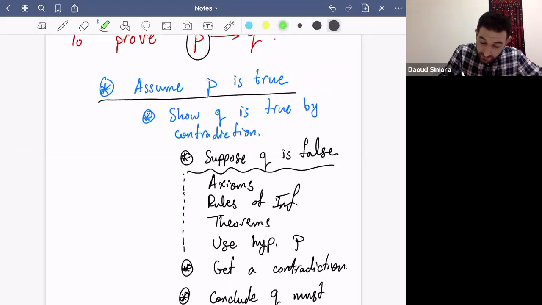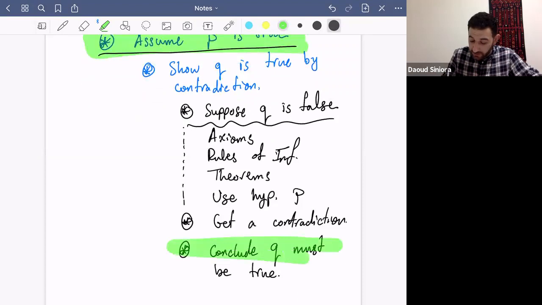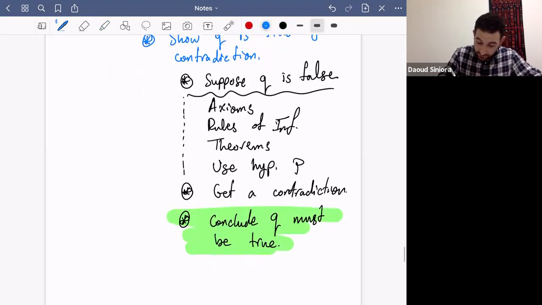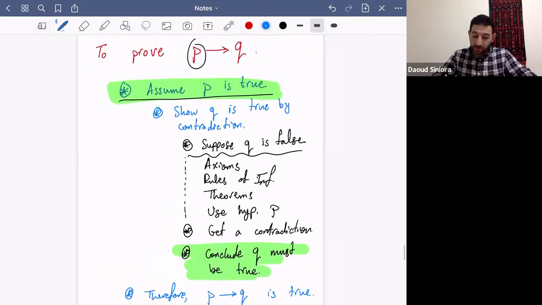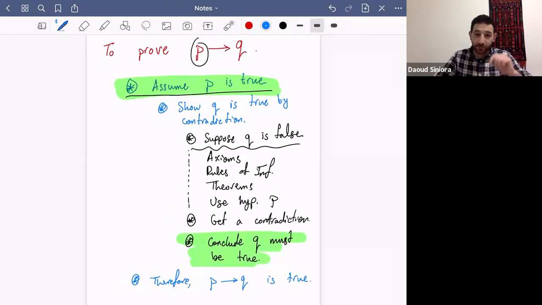We assumed P is true, and we concluded that the conclusion Q must be true. So therefore, the conditional statement P implies Q is true. This is how we can use proof by contradiction to prove a conditional statement.